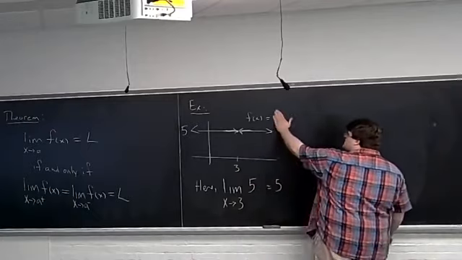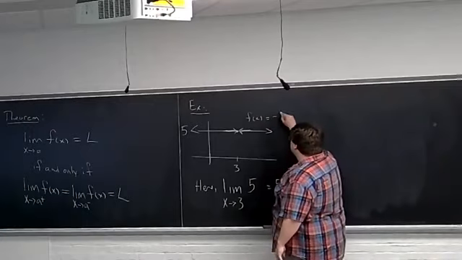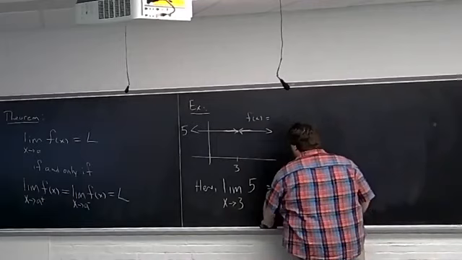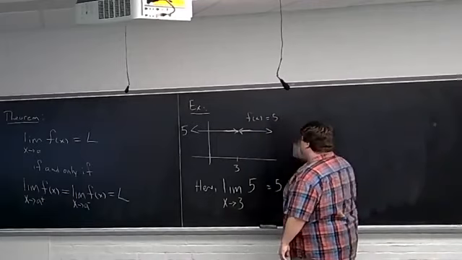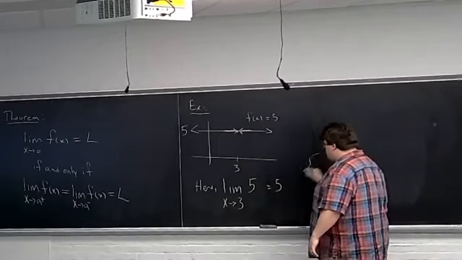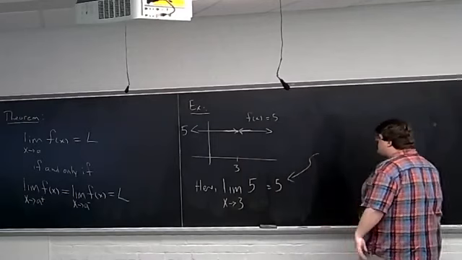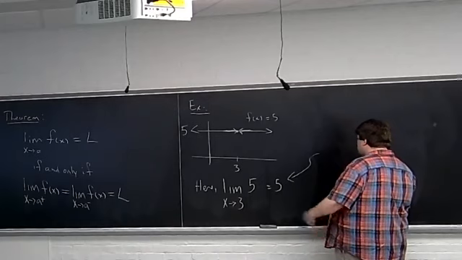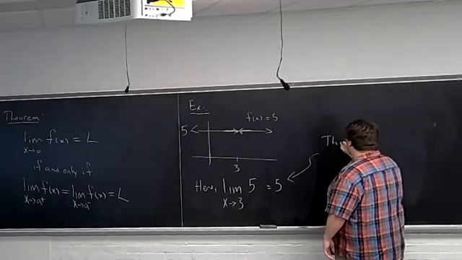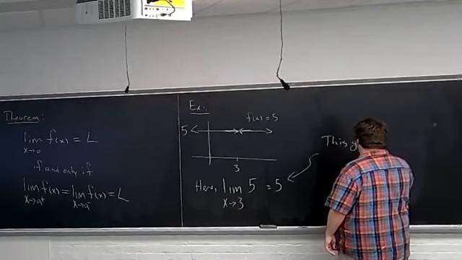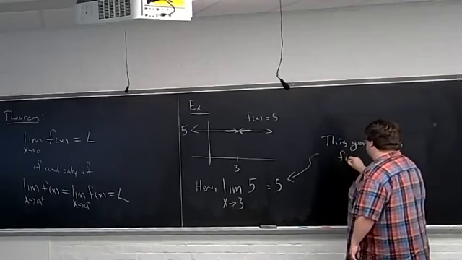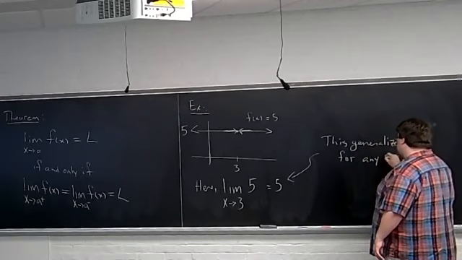I could have written this as f of x equals negative 5, or f of x equals pi. But the more general result is that this holds for any constant.